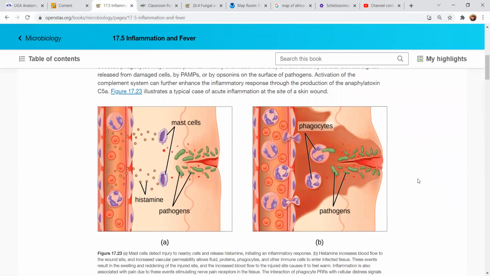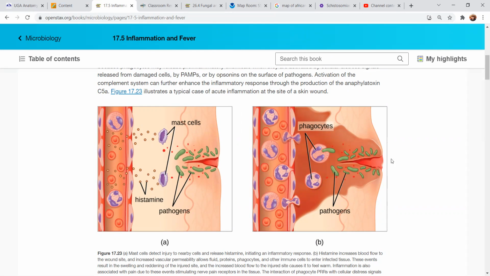So here is kind of our example. We've got mast cells that are in the skin. We get an injury, and we've got bacteria in here. So the mast cells are going to secrete histamine. And so histamine is going to cause our blood vessels here to dilate, okay? And it's going to cause that increased permeability. So the neutrophils are going to be able to get out of the blood vessel, out of the capillary here, into the area where they can start to ingest pathogens.